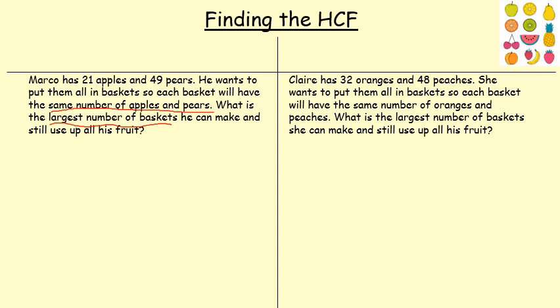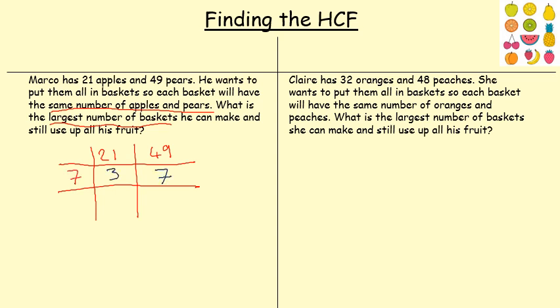So this question is about finding the highest common factor first of all, and then we need to do something else at the end. I'm going to use our alternative method to show the highest common factor. I'm going to start by drawing my table. I've got 21 and 49 at the top. I'm going to look for a number that divides into both. I can see both are in my 7 times table, so the number I'm going to divide into both is 7.